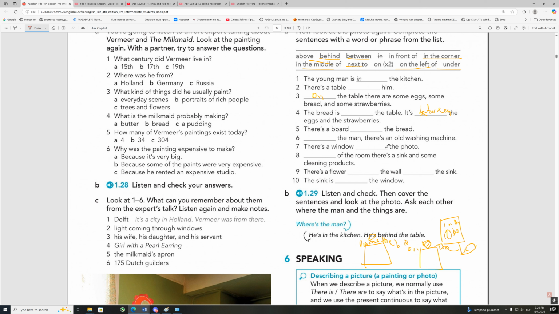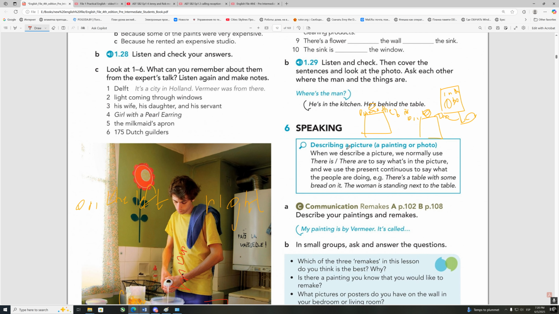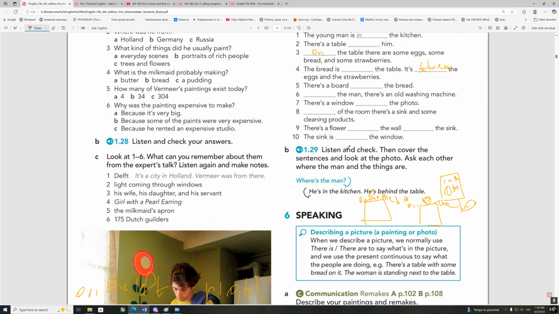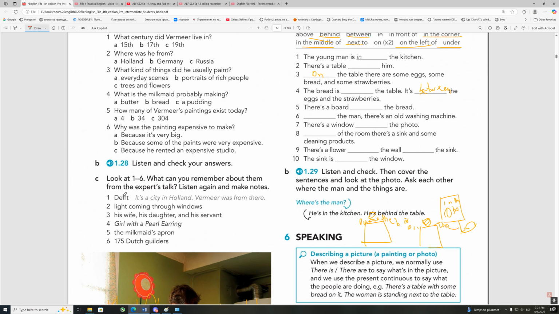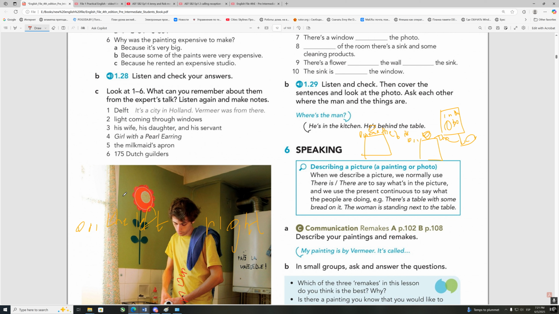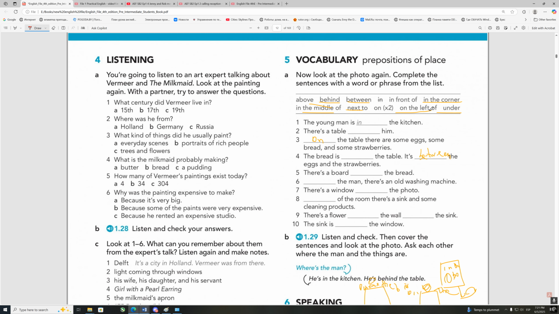Okay, then number 7. There is a window on the photo. Okay, what prepositions have been used?